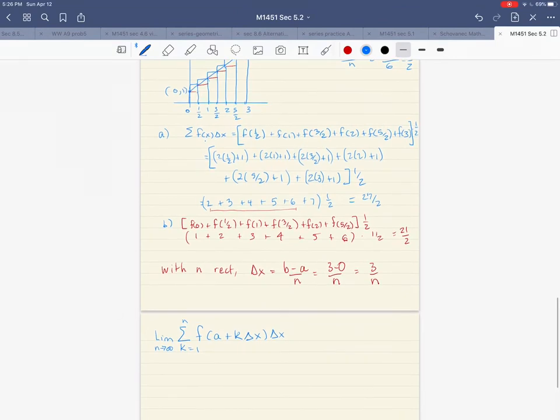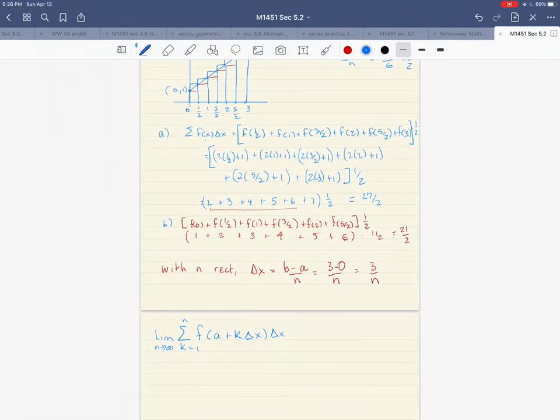A in our example is again 0, and delta x is 3 over n. So we're going to look at taking the limit as n goes to infinity of the sum of f of 0 plus k times 3 over n times delta x, which is 3 over n.